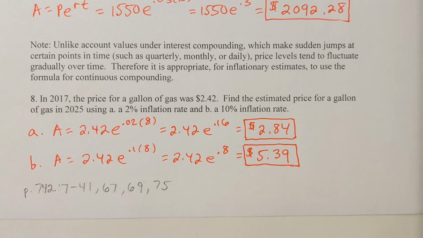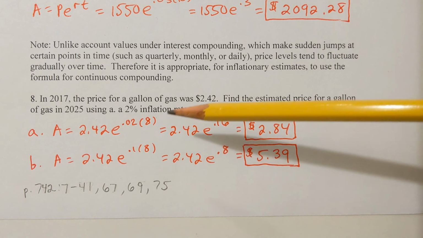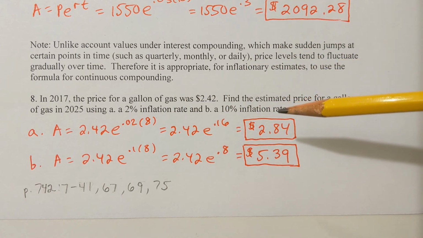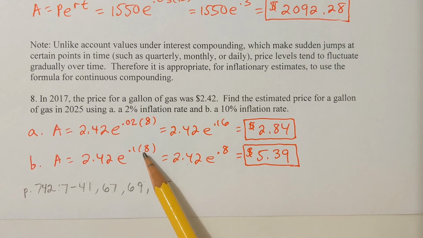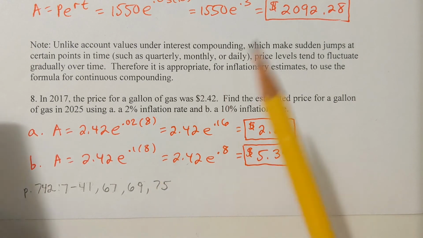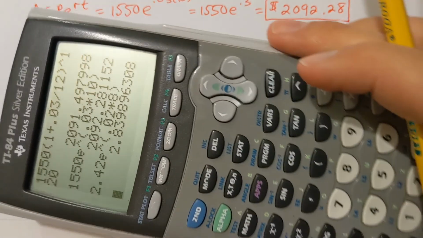And so that's not bad. Part B, what if we have a 10% inflation rate? Well, everything else is going to stay the same except for the R value. It would be 10% now instead of 2%.